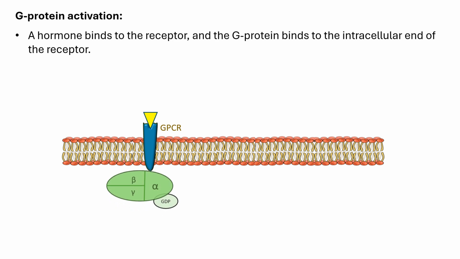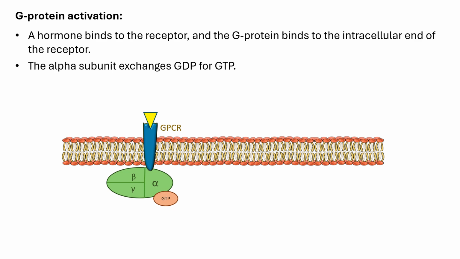So how do we activate a G protein? Well, first of all, a hormone or a catecholamine comes along and binds to the receptor on the outside of the cell. And there you can see it sticking up above the plasma membrane with all its little phospholipids. The G protein inside the cell then binds to the intracellular end of that receptor.